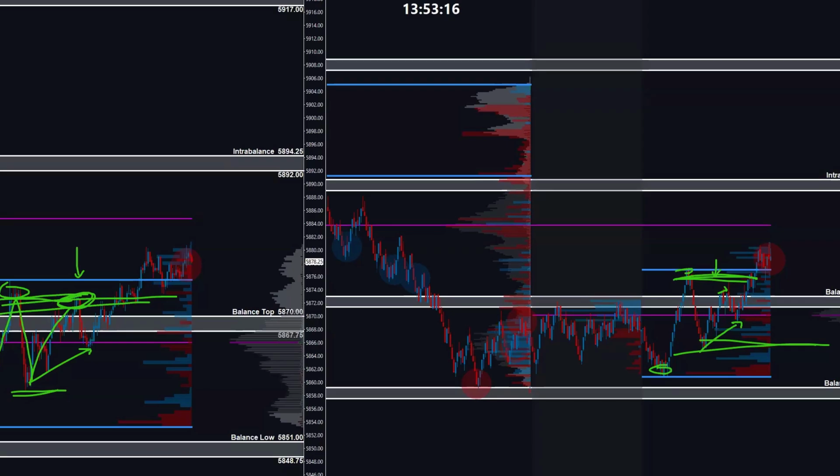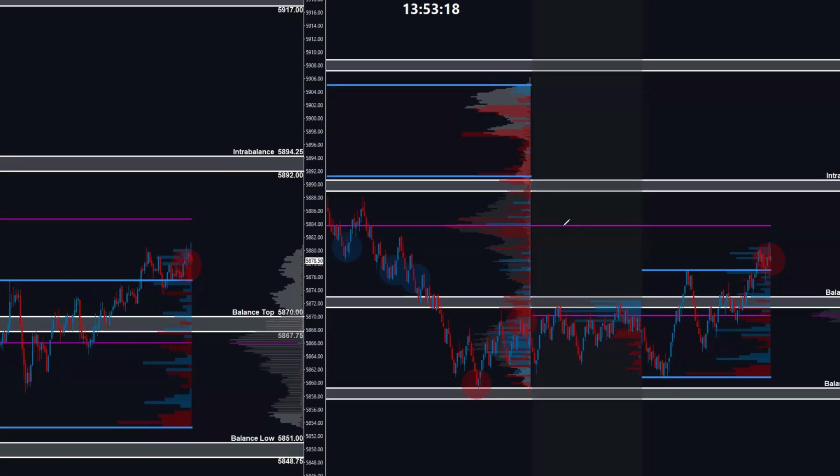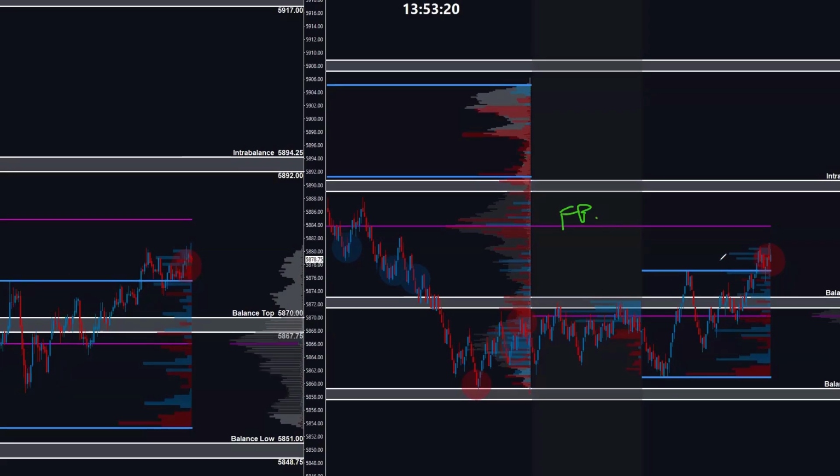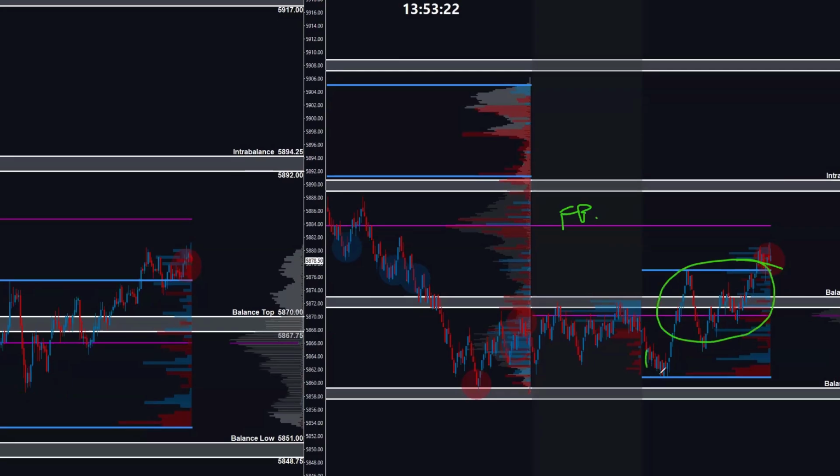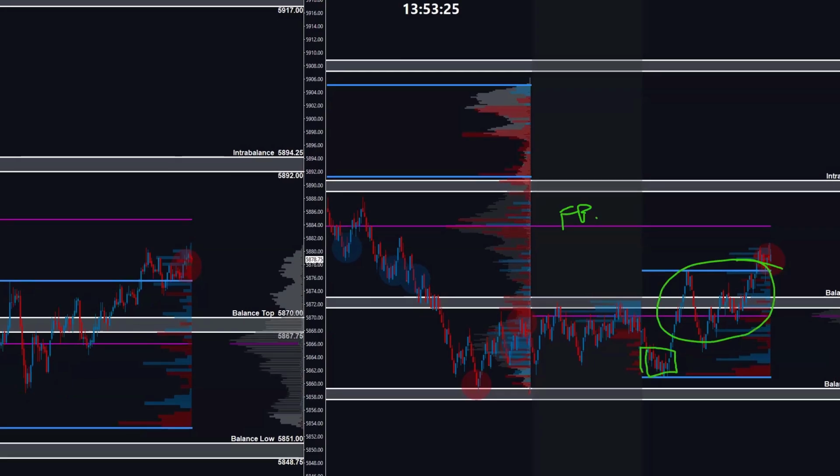Now, the second aspect more so comes in when we start talking about the footprint as well as some of these rotations. When you get rotationary action like this, it's starting to slink lower, slink lower, slink lower. But what's really going on here? Because if you're starting to slink lower like this, a lot of people might think, oh, wow, this actually looks like it's rotating to the downside.